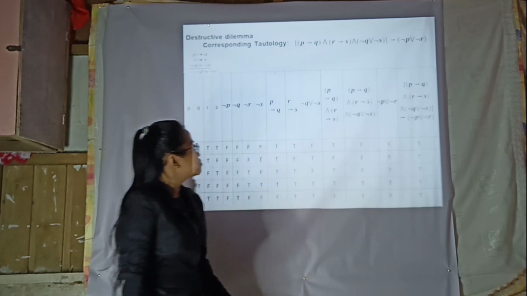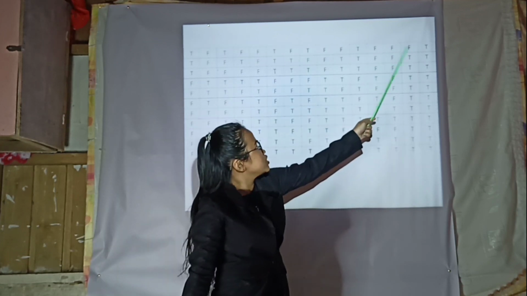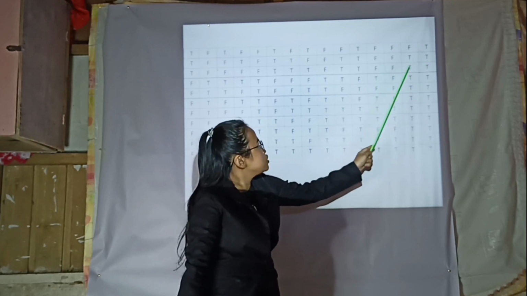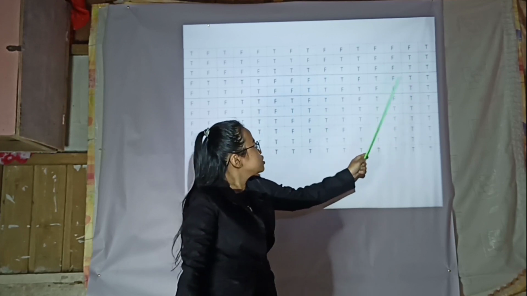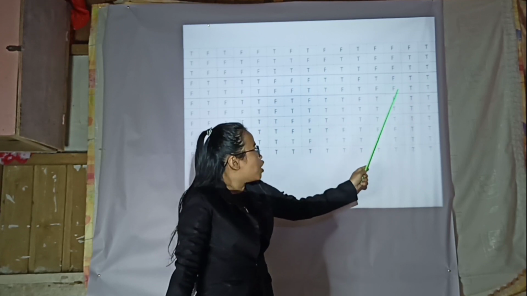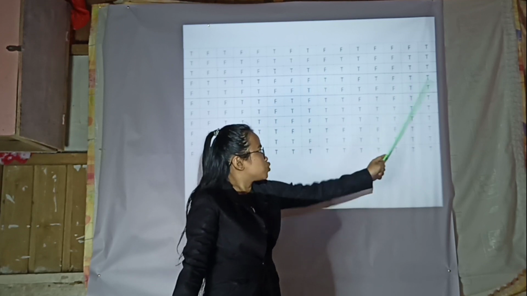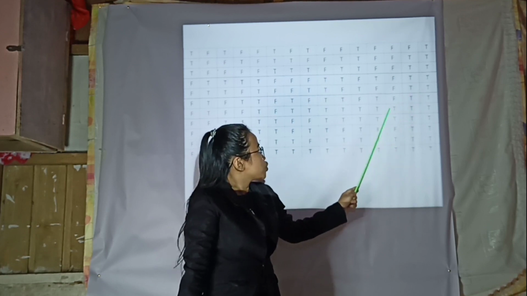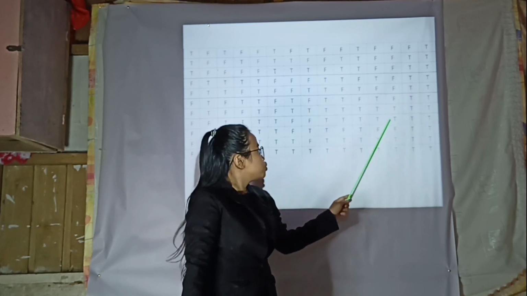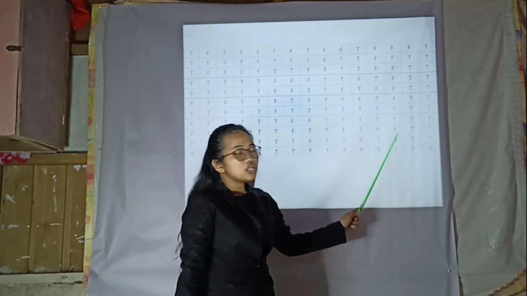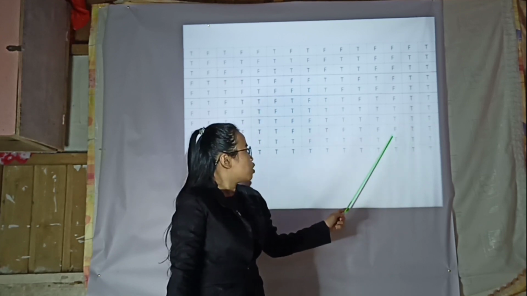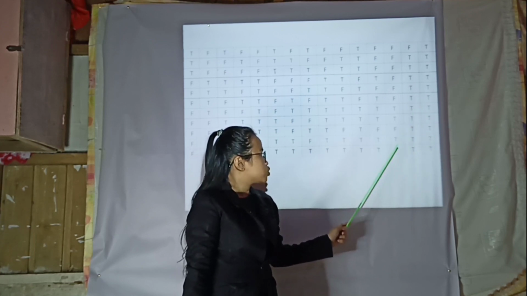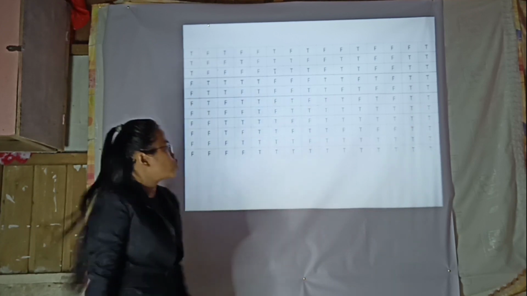False then true. False, true then true. True then true. False, true then true. So true then true, and true then true.